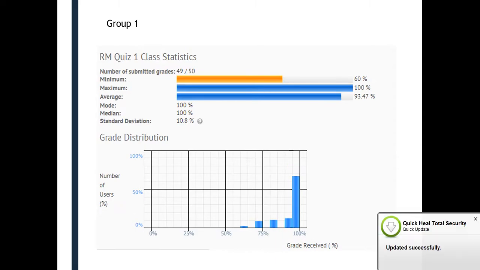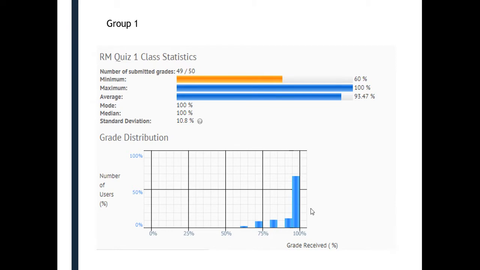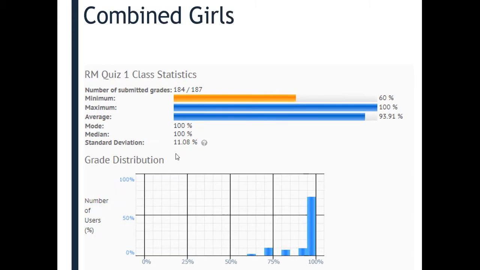Here it is 70%, no, less than 60% students, 65% students got 100%. So graph is also a very good tool to analyze the performance or to do analysis of the results.